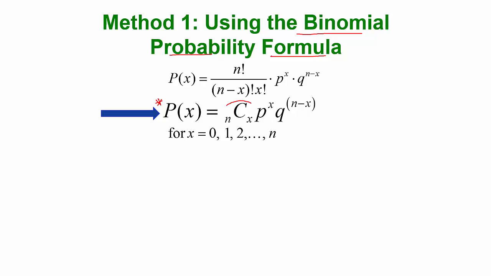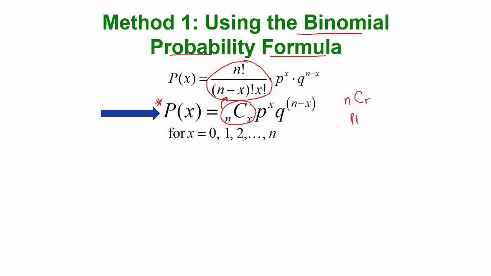Now this nCx is a combination formula, and the way that you work it out by hand is up here. It's a formula involving factorials. It's not necessary to work it out that way though, because your calculator will have an nCr in it, which is the same thing as nCx.